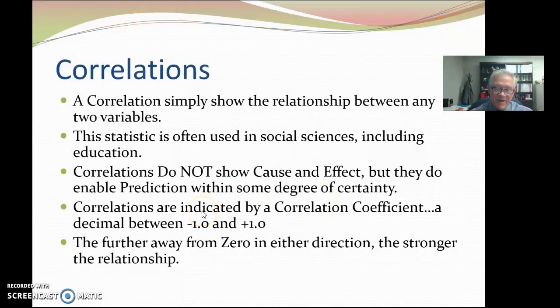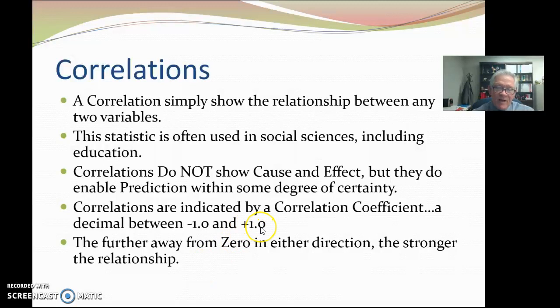Correlations are indicated by a correlation coefficient, some decimal between negative 1.0 and positive 1.0. The general principle is that the farther away from zero in either direction, the stronger the relationship.